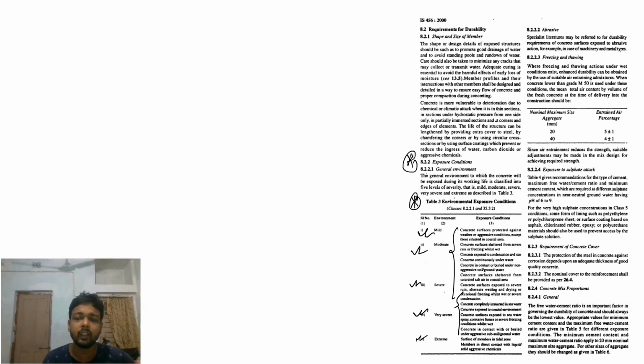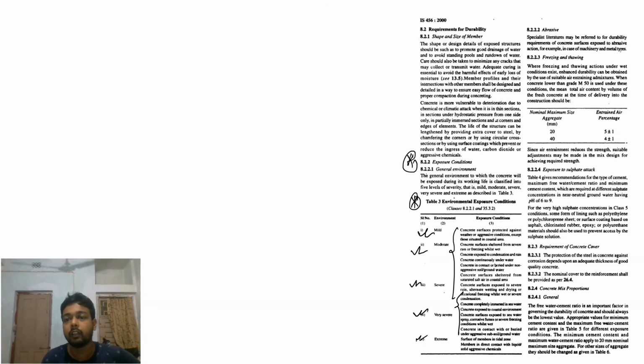You have to say what is mild, what is moderate, what is severe, very severe, extreme. Like concrete surface protected against weather, this is mild. Sheltered from severe rain, freezing, moderate. Exposed to severe rain, alternate drying and wetting, severe. So that is the condition. You have to say what is the exposure condition.